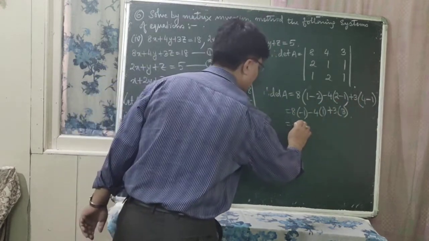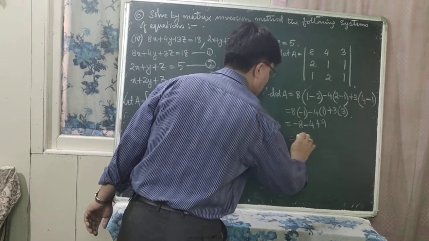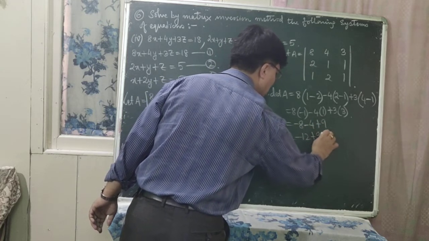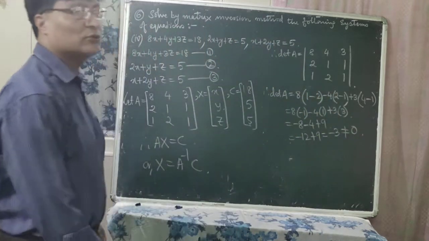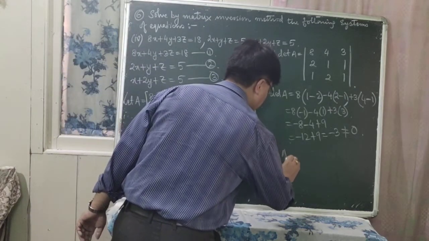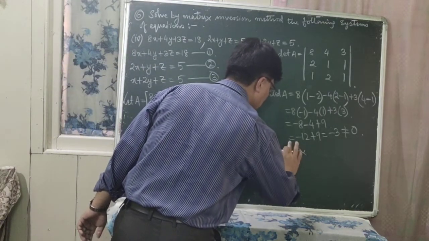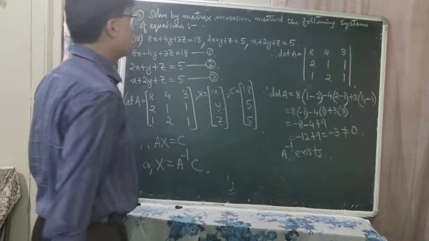So it is minus 8 minus 4 plus 9, which is equal to minus 12 plus 9, which is equal to minus 3, which is not equal to 0. That means A inverse exists.